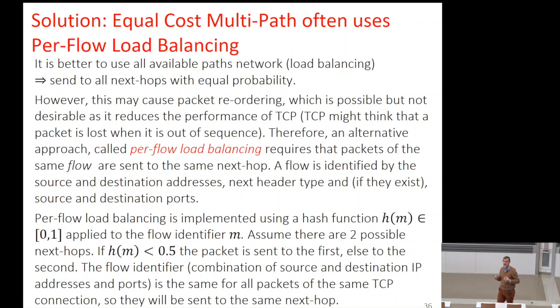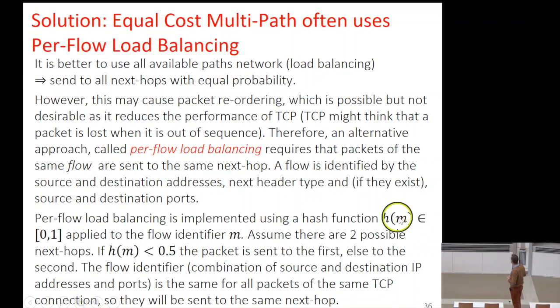And if the packet is not encrypted, it's not in a VPN, like we'll discuss a bit later, that gives me access to the flow. So the flow is identified by source and destination IP addresses, source and destination port numbers, and whether it's TCP or UDP. So if you do that, you put together all the packets of the same TCP connection.